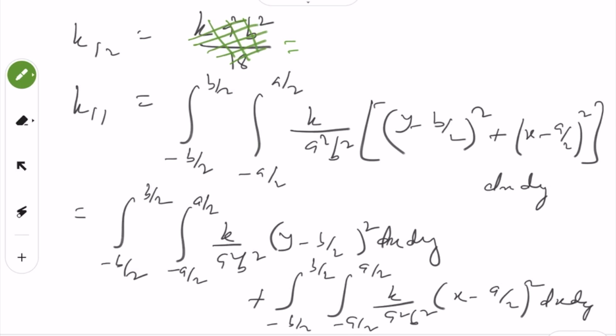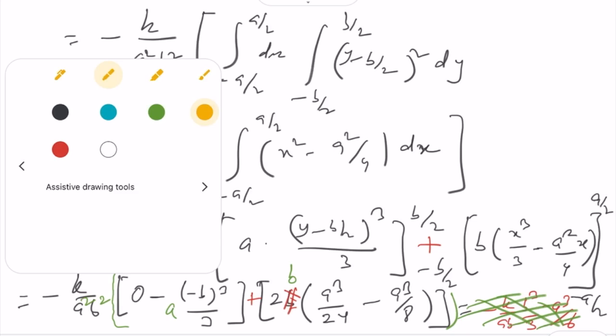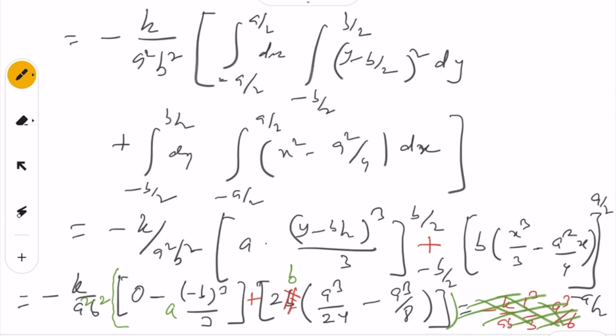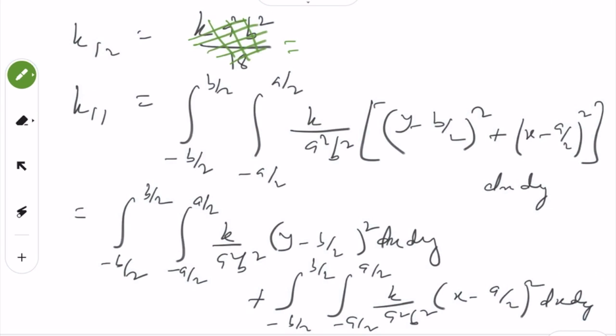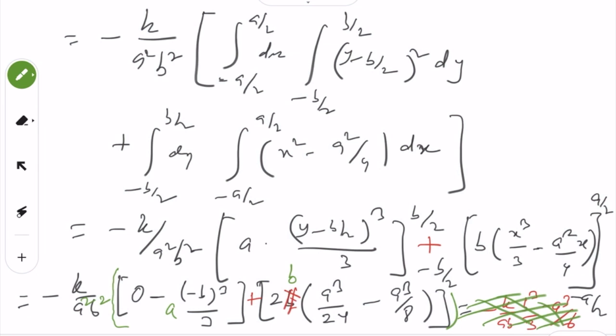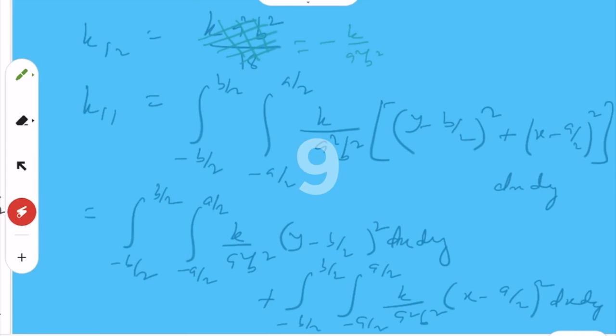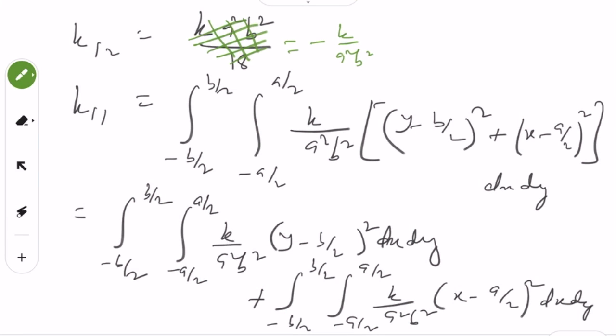So we can simply write here. Basically what we get here is minus k over a square b square, and then a b cube, so this is minus plus minus plus a b cube over 3.